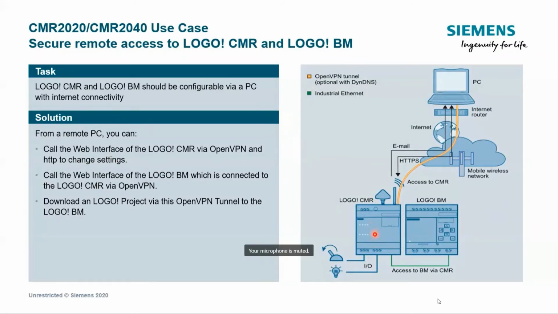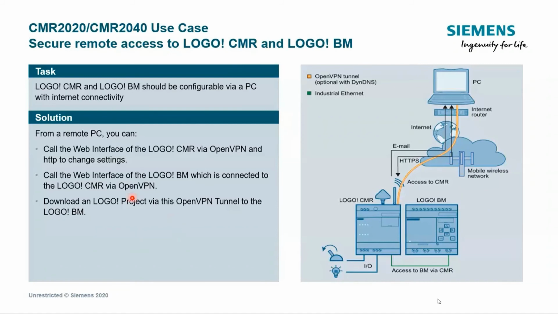So if you want to change the configuration of the CMR, maybe you want to add new SMSs or emails to the configuration. It allows you also, if you assign the IP address of this CMR as a router in this logic module, to reach the web server of this LOGO logic module.